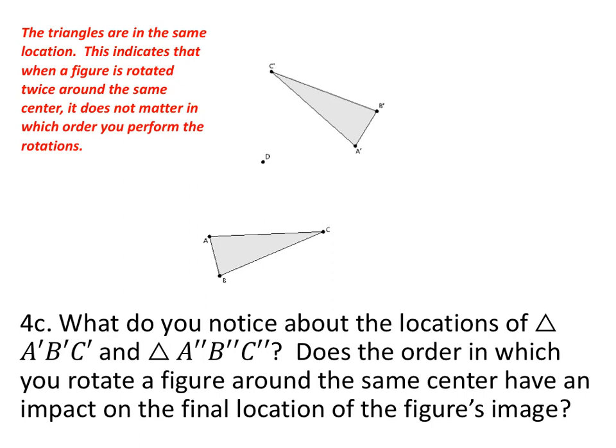The triangles are in the same location this time, which indicates that if we're looking at the same center of rotation and we do the same rotations, no matter how many times we do it or which order, it will always end up in the same spot.